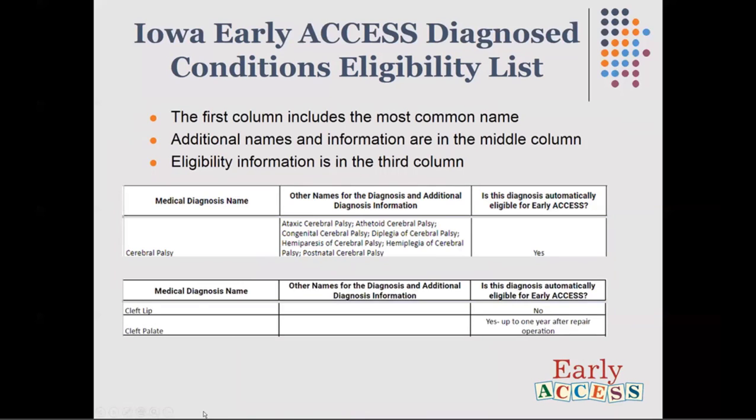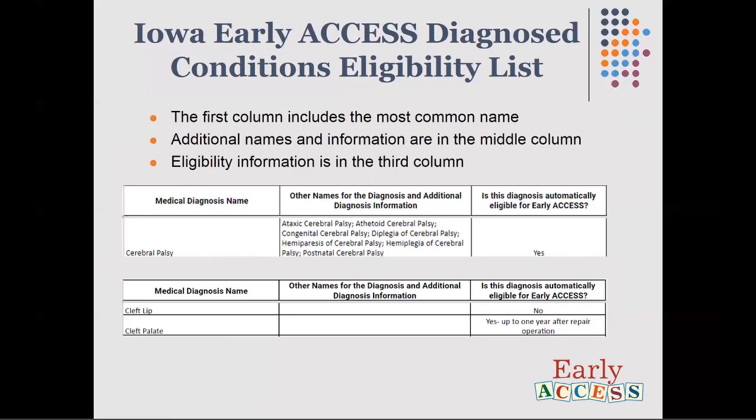When you are in the list, there are three main columns. The first column includes the most common name of the condition. Additional names and information are in the middle column. For example, there are several types of cerebral palsy that are listed as being eligible for early access. Eligibility information is in the third column.